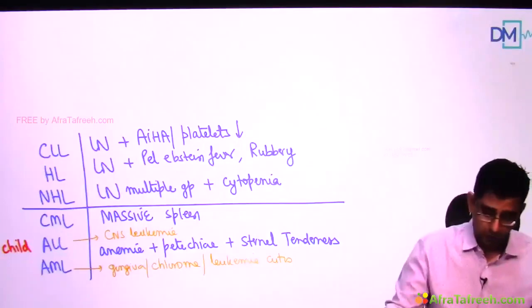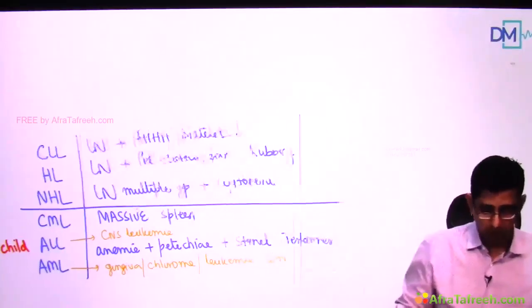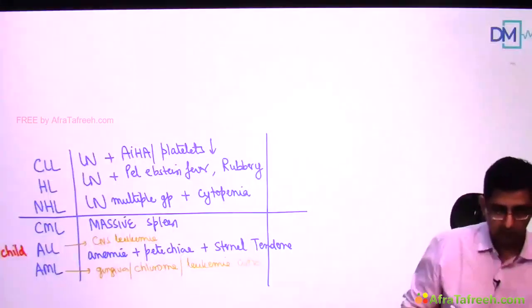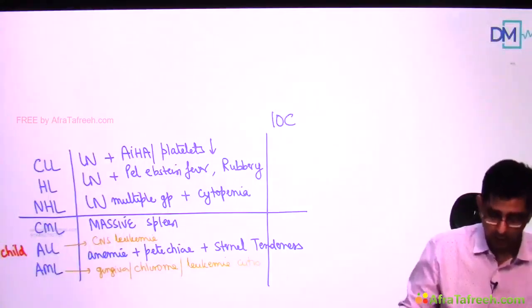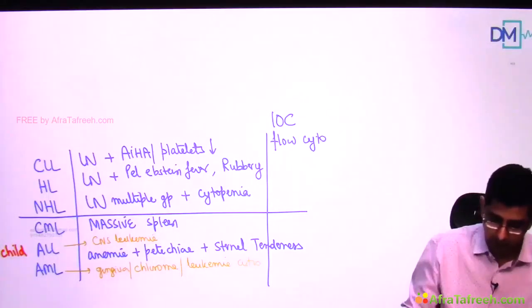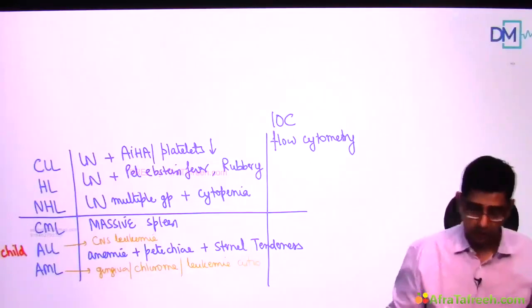The investigational choice for these conditions is again a subject of, I'd say, discomfort for most doctors. The investigational choice for CLL is not excision lymph node biopsy, it is flow cytometry, where CD5 will be present along with B cell markers.